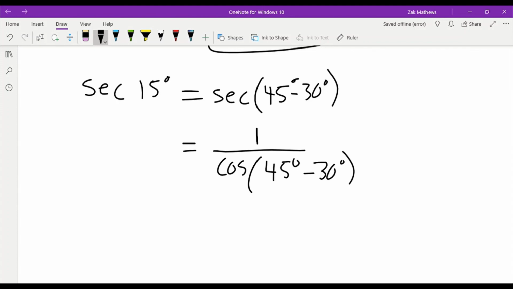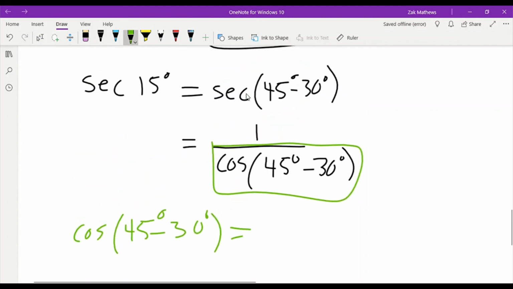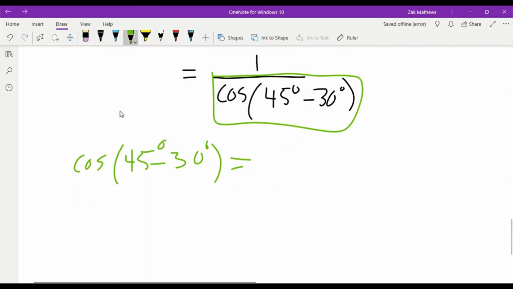Or another way we could handle it is we could just find this cosine of 45 minus 30 and then just stick it under the 1 or flip it after the fact. And that's what I'm going to do. So I'm not going to write it equals going to this next line. I'm going to solve this cosine of 45 minus 30 just so I don't have to write that over 1 each time. We'll figure this one out and then we'll take its reciprocal to get back to what we wanted to know, the secant.